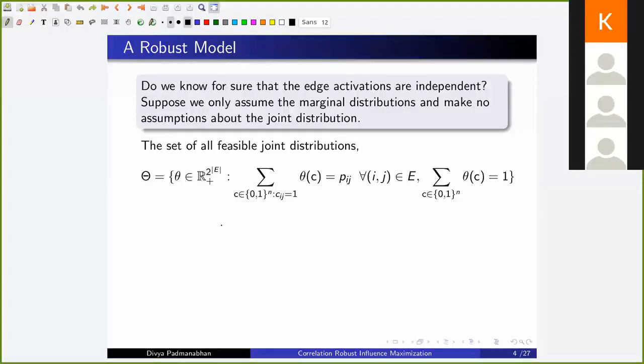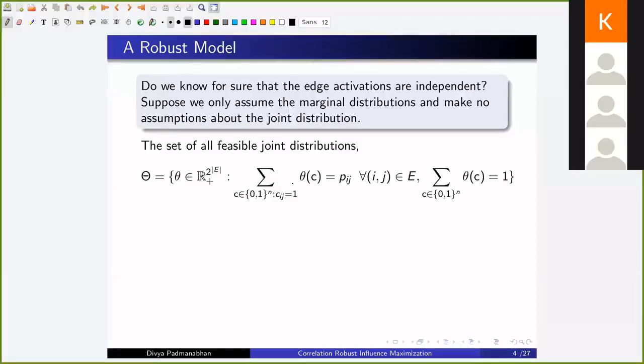There's a family of distributions all consistent with these marginals, the Pijs. These are just constraints which enforce that they are consistent with the marginals and that it is a valid distribution. So C is the random quantity, and the number of realizations is as much as 2 to the power n, where n is the number of edges.